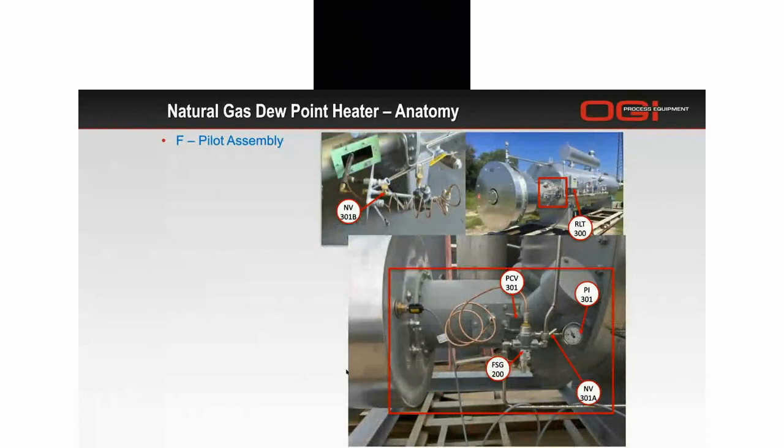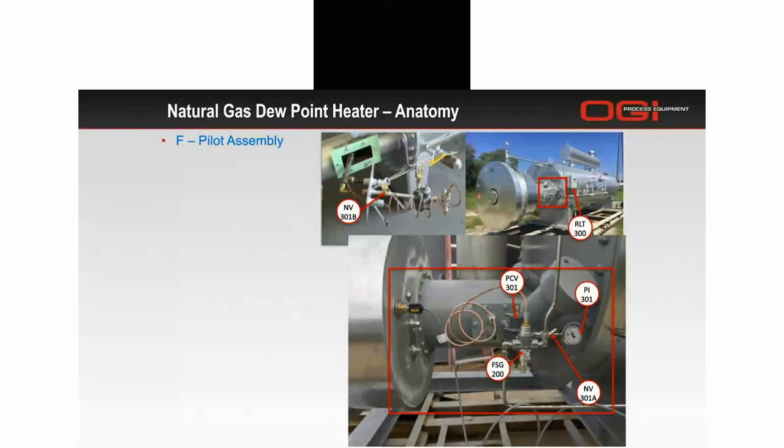All right, so here's a pilot assembly. We're at the business end of the heater. There's a lot going on here, a lot of smaller parts, but this is the part where we feed that pilot with gas. We have a FSG200 flame safeguard. This has a sensor. You can see this coiled up copper line that goes in.